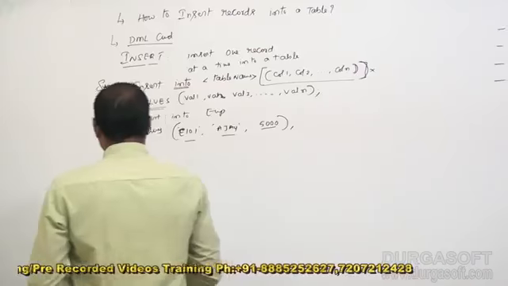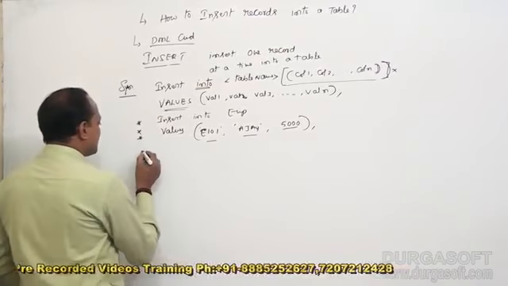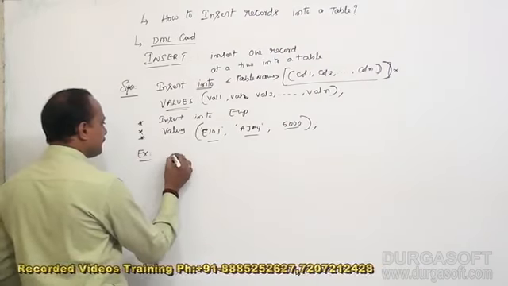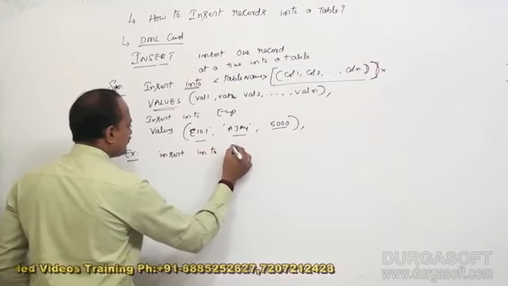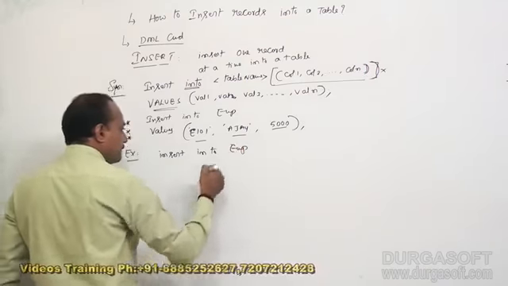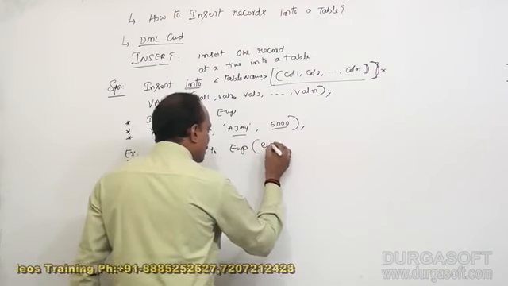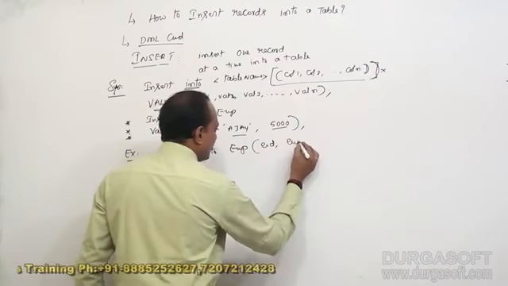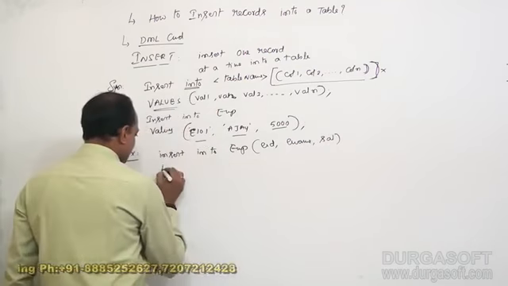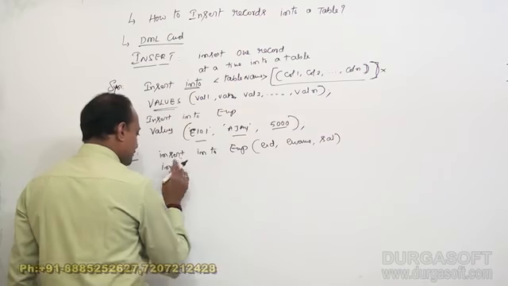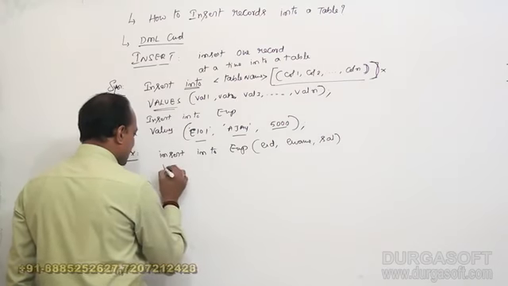So let me write some sample examples. Example: insert into EMP. Here I am listing the column names EID, ENAME, salary. Values, what is the keyword?